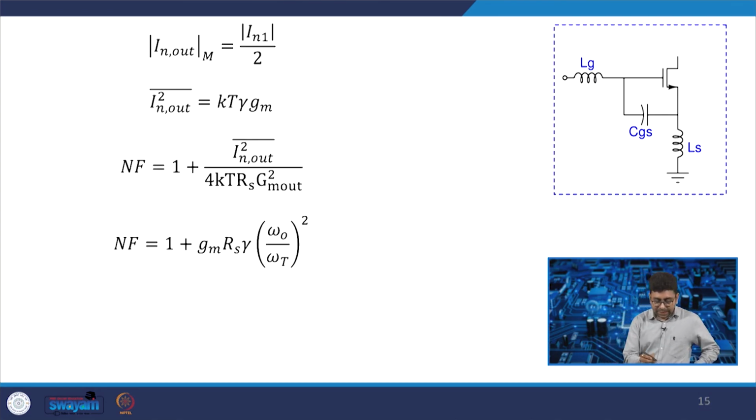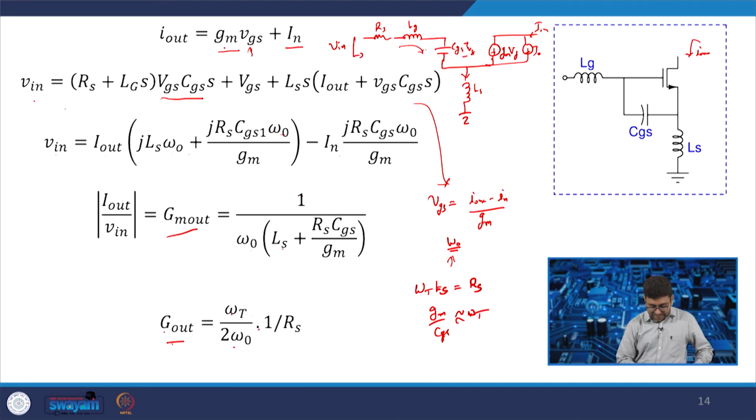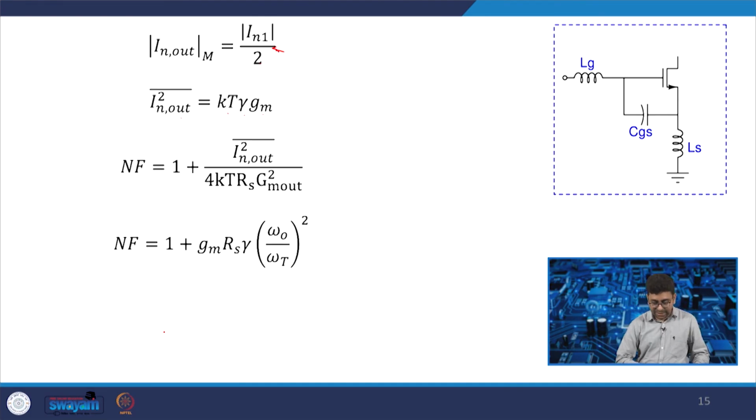The output noise current can be written as In out, that is In by 2, and that we can directly write as 4 kT gamma Gm, that is kT gamma into Gm if we consider the square. Here In out can be considered as half of the current that we are considering, and In square out is kT gamma into Gm.